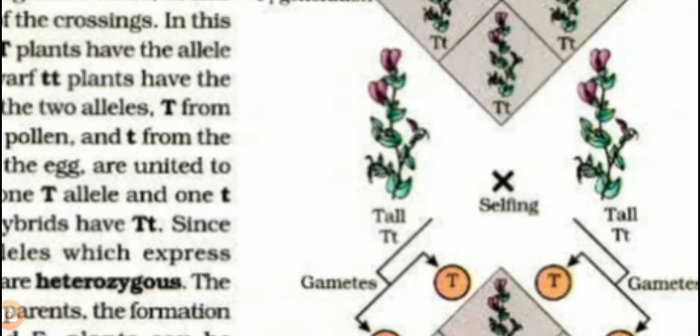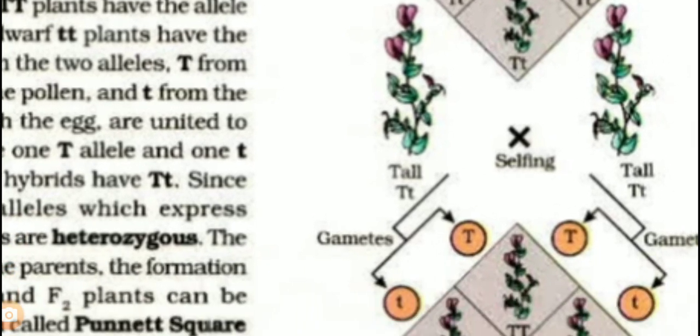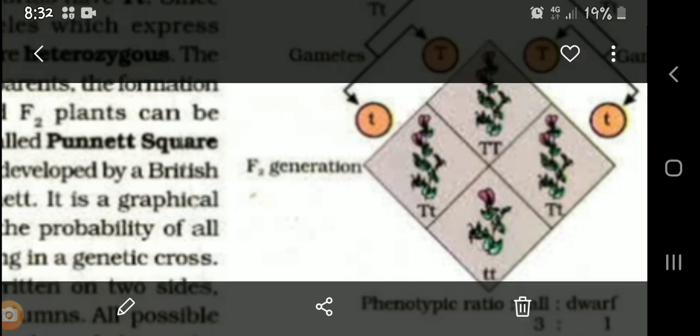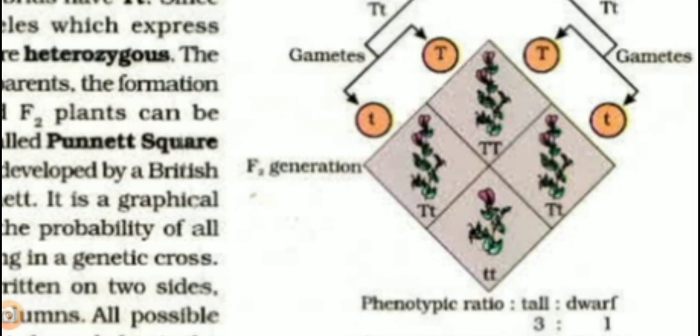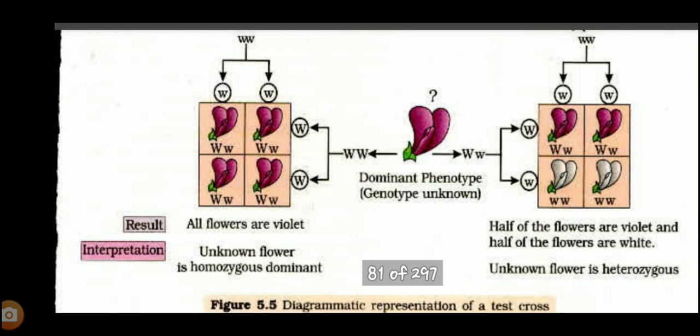And if we cross these hybrids from the F1 generation, we will get capital T with capital T, small t with capital T, then capital T with small t, then small t with small t. So the phenotypic ratio of tall to dwarf is 3 to 1. This is known as the Punnett square.